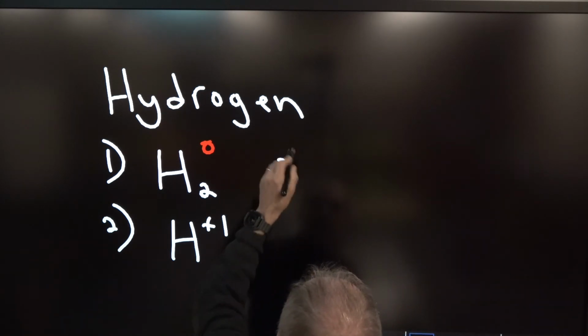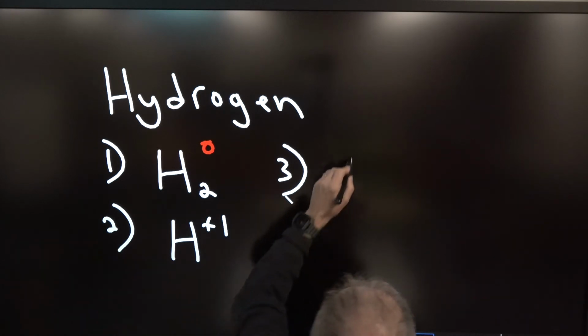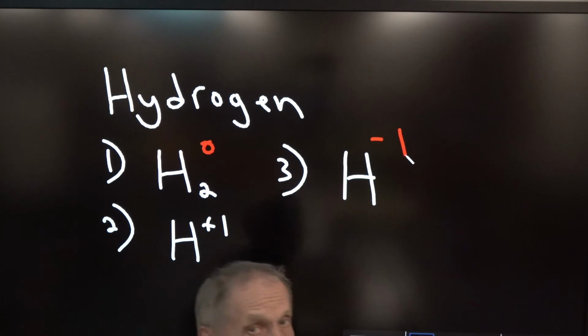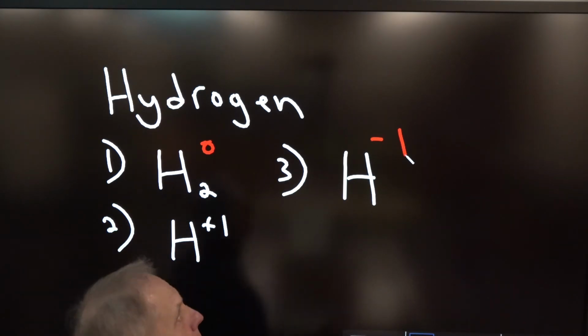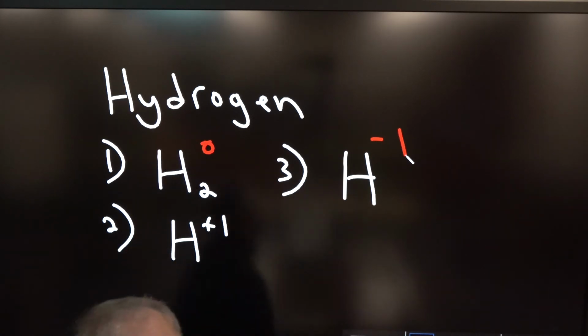Number 3, if it's hooked to a group 1 or group 2 metal, it's going to have a -1 charge. Remember, group 1 or group 2 metal, that's it. It can't rip off any other metals other than group 1 or group 2. So hydrogen: neutral, +1, and a -1.